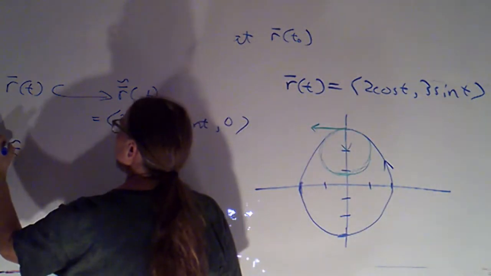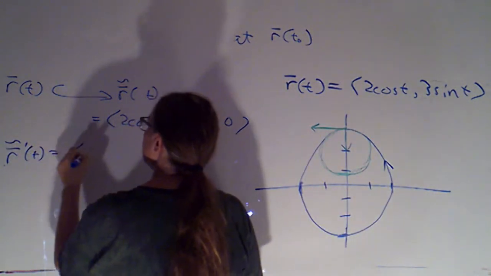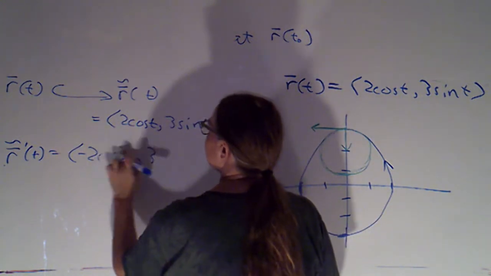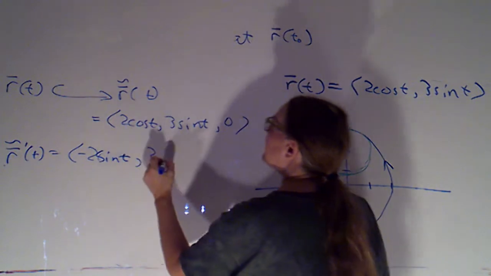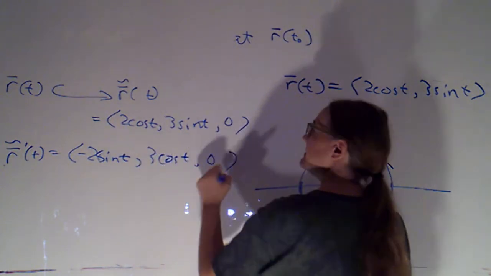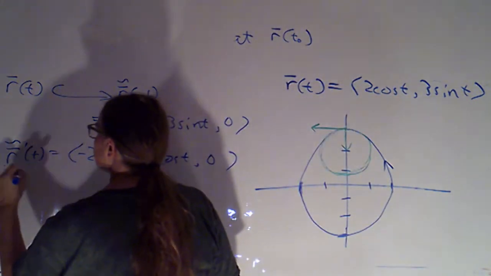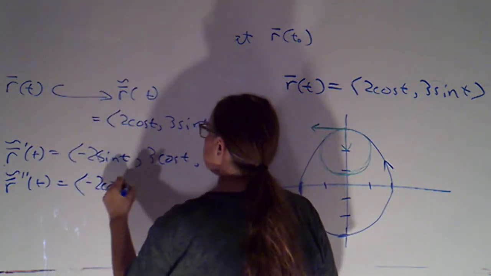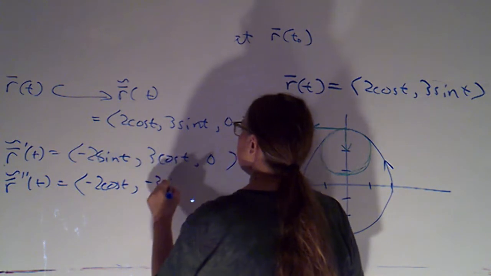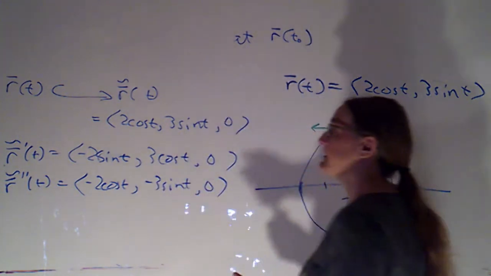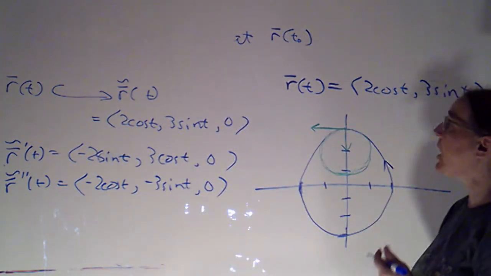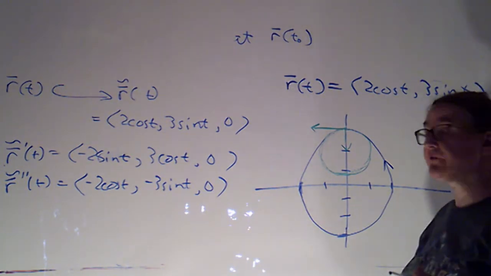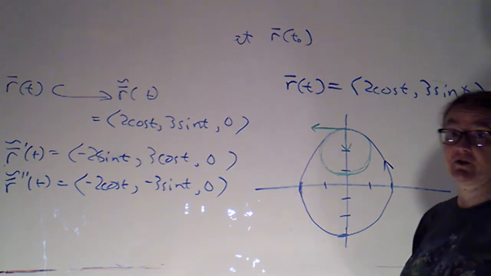Then r tilde prime of t would be (negative 2 sine t, 3 cosine t, 0). And r tilde double prime of t would be (negative 2 cosine t, negative 3 sine t, 0). Okay, now I'm wanting to find the curvature at pi over 2.